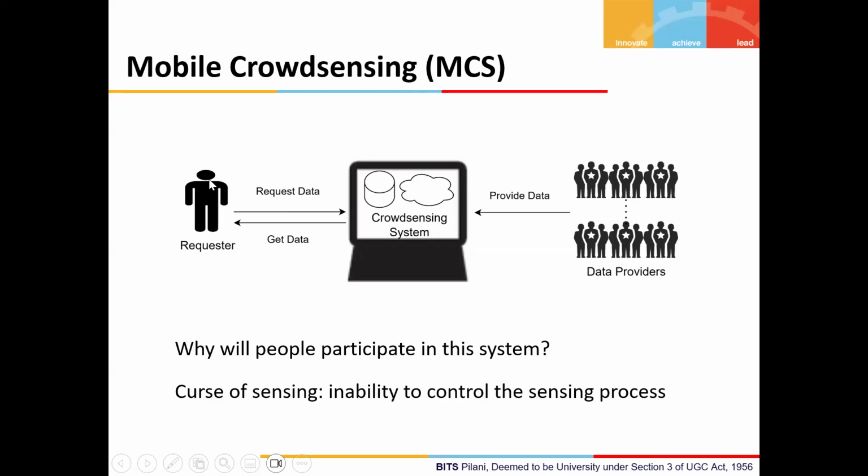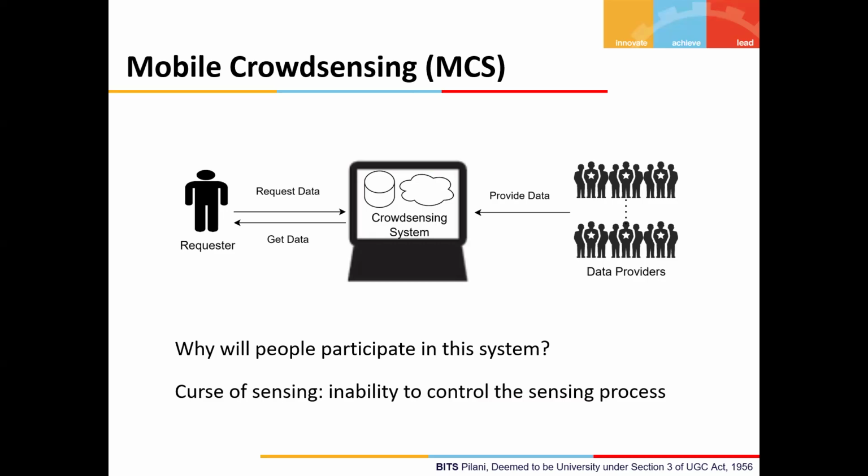But there is something missing. The first question is, why will people participate in such a system? Why will they use their own devices to collect the data for others without any kind of incentive or benefit, right? That is one thing. Another one is the curse of sensing issue. This is defined as the inability of the system to control the sensing task.